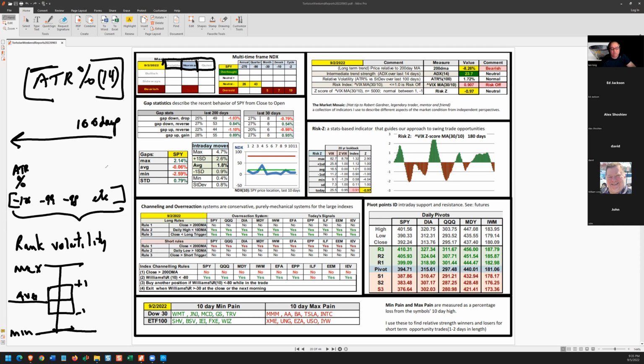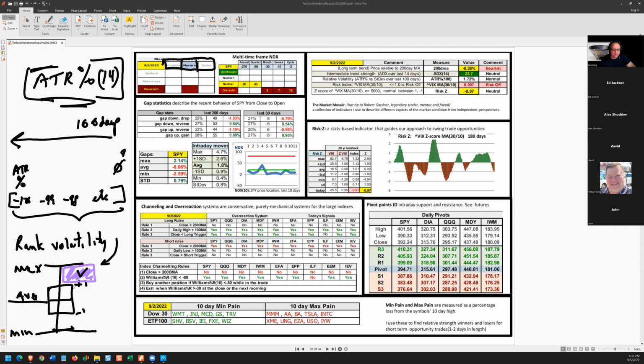So on the basis of that, we take a look at today's volatility. So the 0 day of volatility, what was the ATR percentage today? And then we compare it against the last 100 days. And then we say, if that volatility was more than one standard deviation above average, then we call it a volatile day.